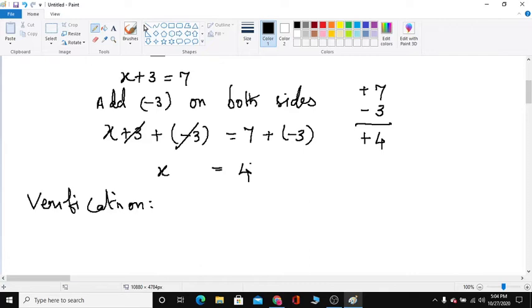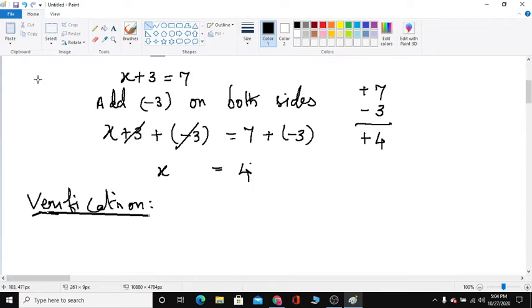Now we are going to check whether our answer x is equal to 4 is correct or not.